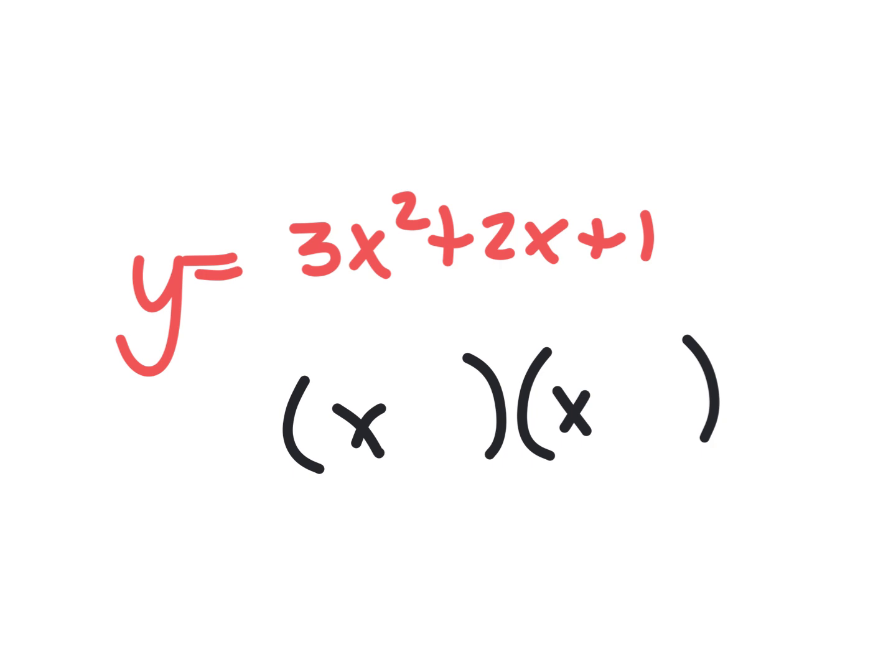So now what do? Can't be x and x. 3x and x. That's how you're going to make a 3x squared. Next, were you smart enough to know that there is a plus and a plus? Has to be. If it's all positives in the problem, it has to be all positives in the answer. Okay? And then the last part's really easy. It's got to be a 1 and a 1.